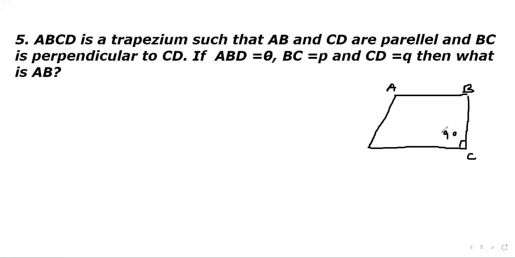This is C, and suppose this angle is alpha, then this angle will also be alpha, and this angle is given as theta. So this angle will be pi minus (theta plus alpha). And this side BC is given as P and DC is given as Q.